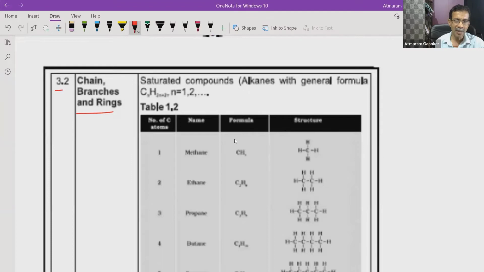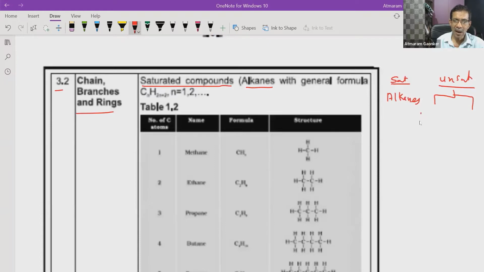Let us understand these. First is the saturated compounds, and saturated compounds are called alkanes. We have saturated compounds, which are called alkanes, and another one, unsaturated compounds. Those are 2 types.